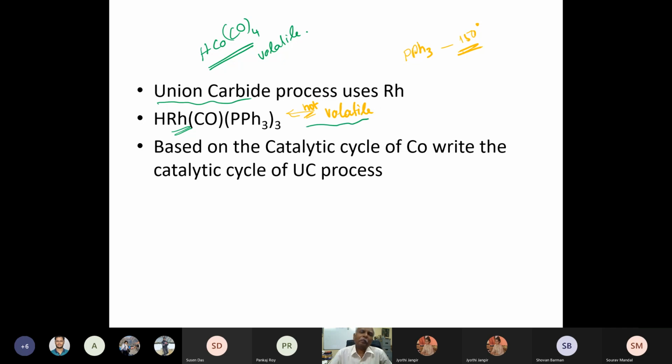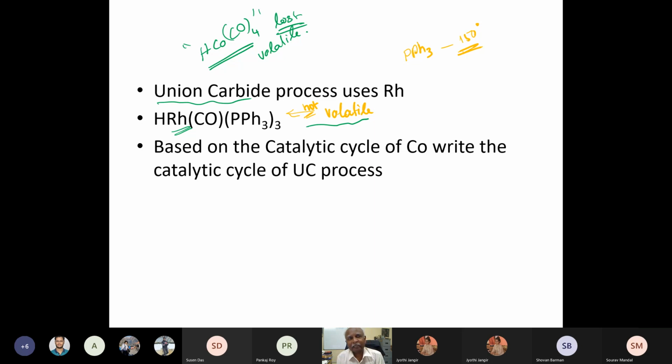So you can see how some subtle changes are necessary in order to prevent side reactions. In the previous case, HCo(CO)4 is lost from the reaction medium because it is a gas, because it is volatile. You lose catalyst as a function of time, and then the process slows down. So if you use RhH(CO)(PPh3)3, then it's not volatile, and the catalysis is better.